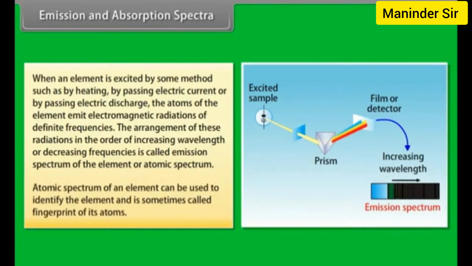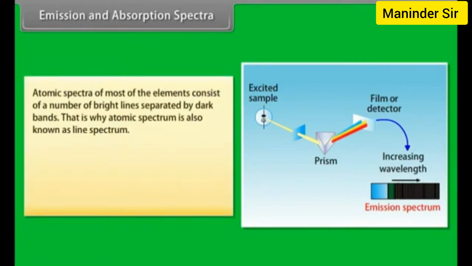Atomic spectrum of an element can be used to identify the element and is sometimes called fingerprint of its atoms. Atomic spectra of most of the elements consist of a number of bright lines separated by dark bands. That is why atomic spectrum is also known as line spectrum.